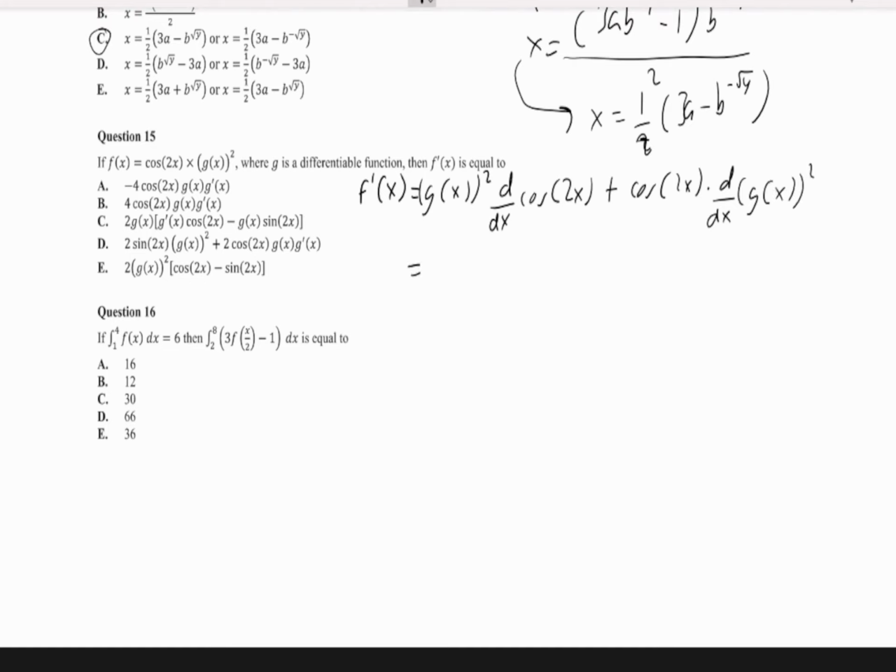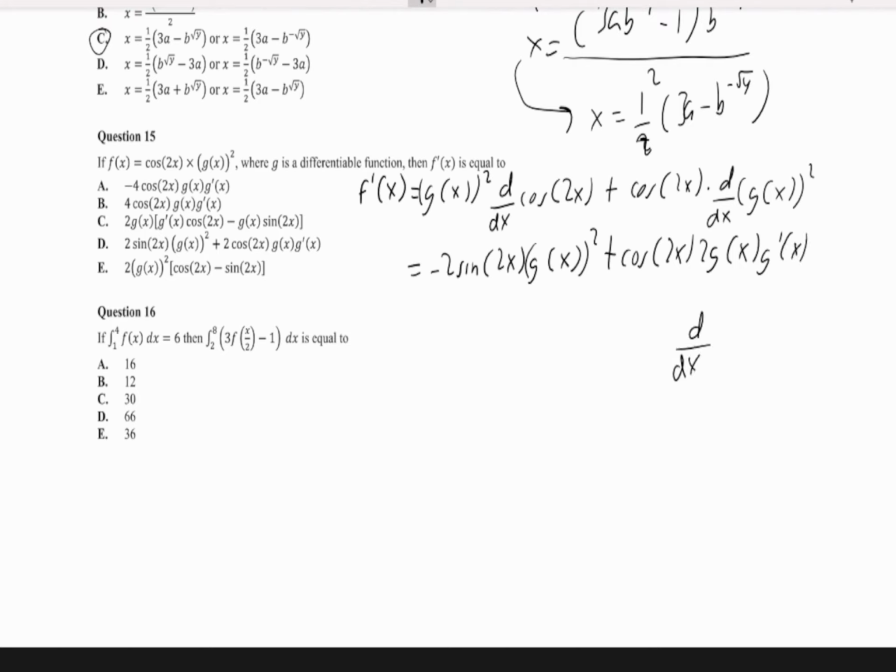That's negative 2 sine 2x g of x squared plus cos 2x times 2 gx g dash x. You can get this by using chain rule.